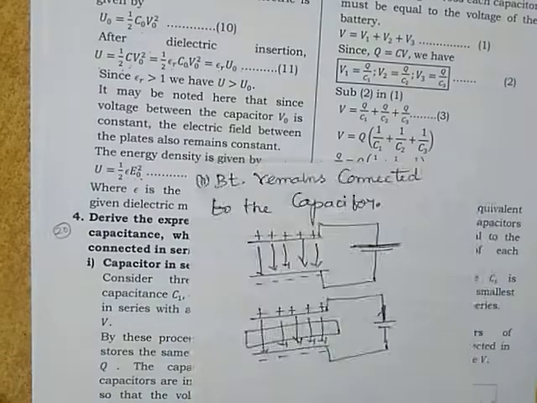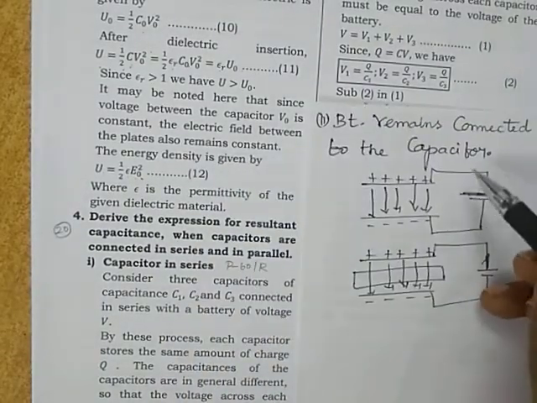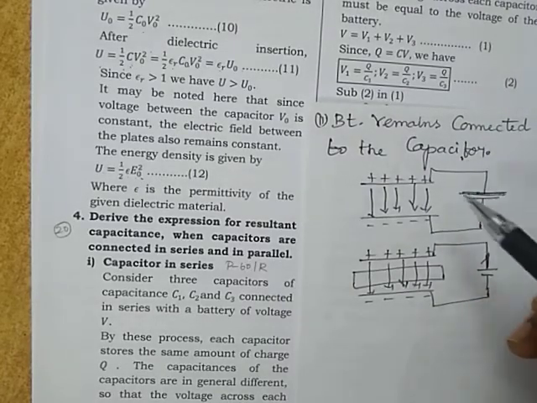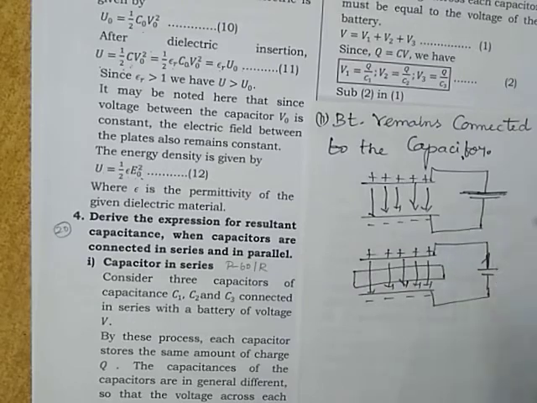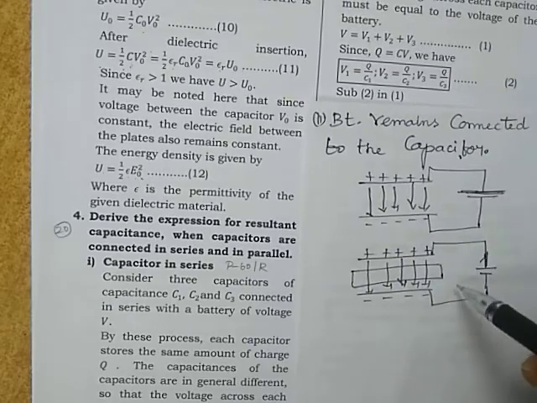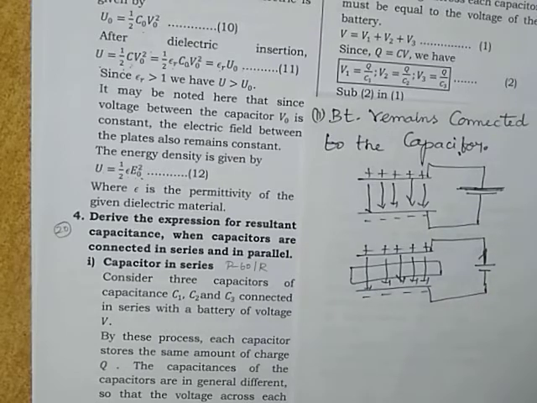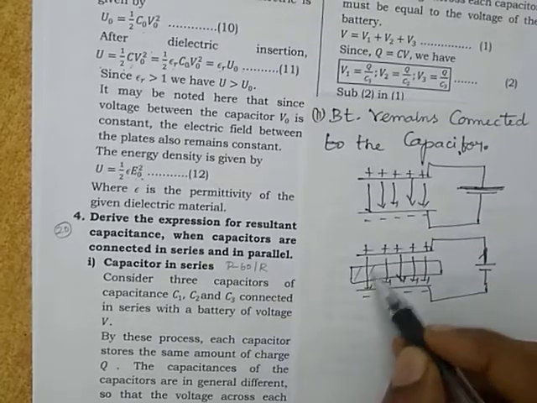Here in this case the batteries remain connected with the capacitor. So we are drawing the picture like this. The batteries remain connected with the capacitor, but we are inserting the dielectric medium inside the capacitor.